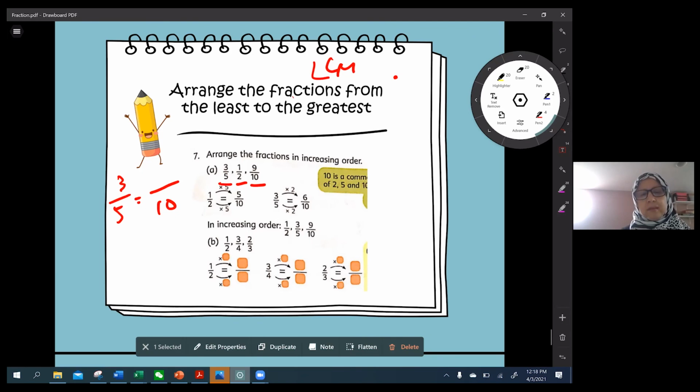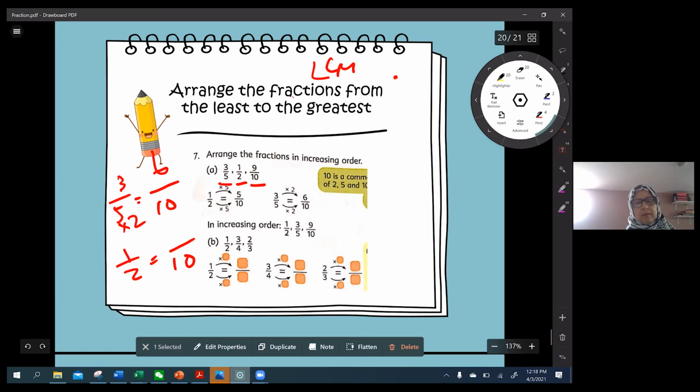What's the numerator? You multiply by what to get to 10? 2. Like 3 multiplied by 2 is 6. And 1/2 equals 5 out of 10.